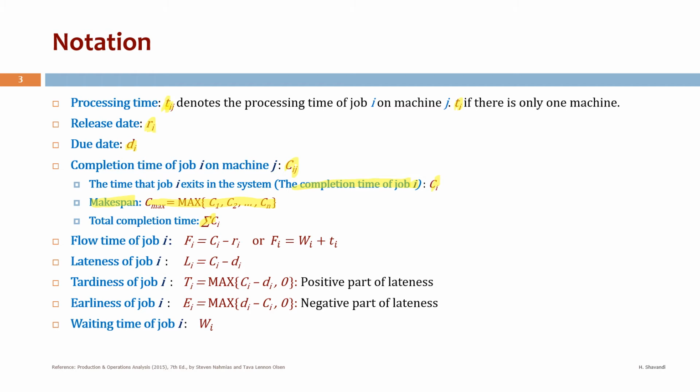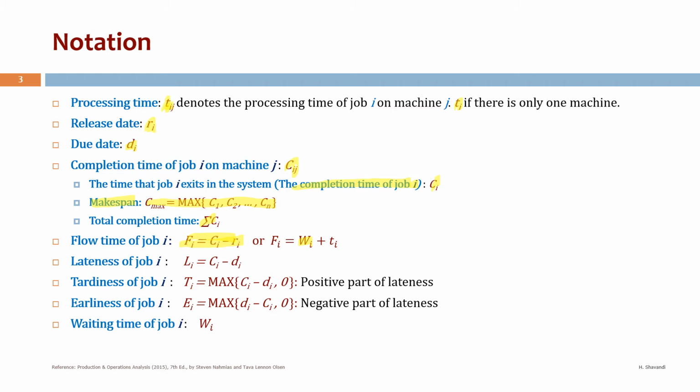The flow time of job i, Fi, will be the completion time minus release time, and it includes the waiting time as well. A part of the flow time is the processing time, and the other part is the waiting time in line in order to start processing that job.